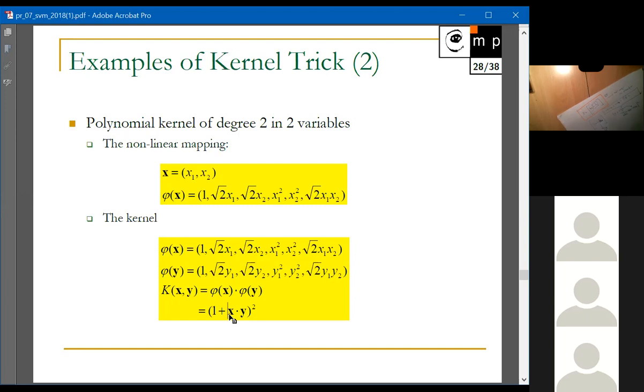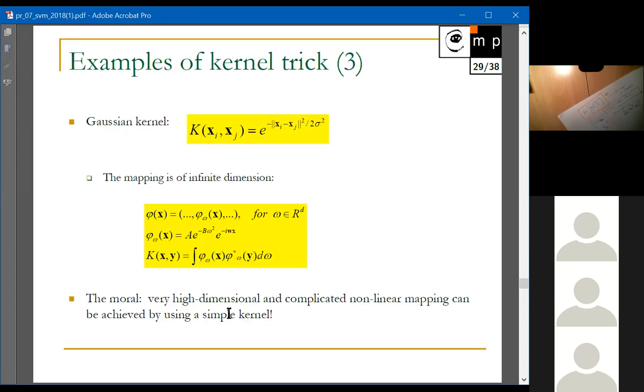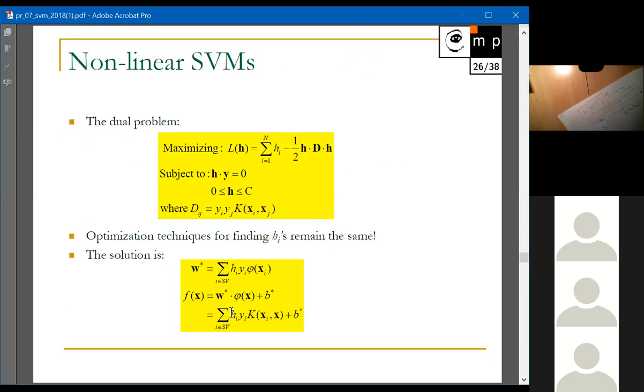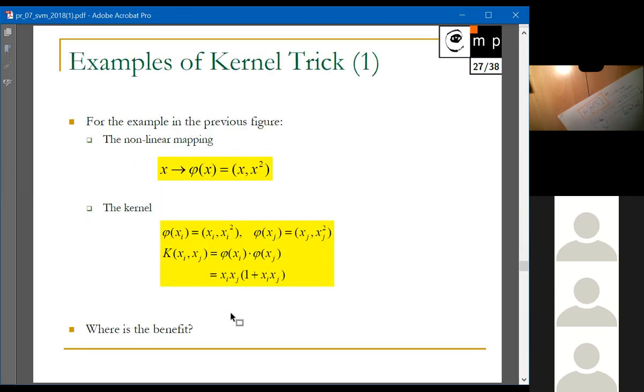I would say this is a kernel magic trick. Yeah? So by just adding 1 to what you had and squaring and using exactly the same solver, the quadratic programming solver, you'll get a quadratic classifier. Now, maybe this is a simple example just for the parabola.